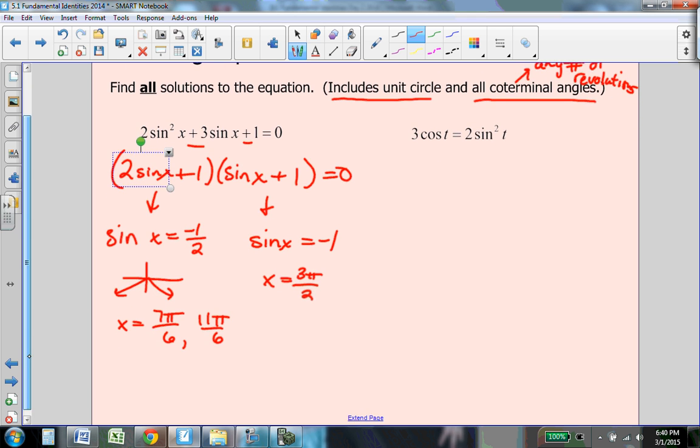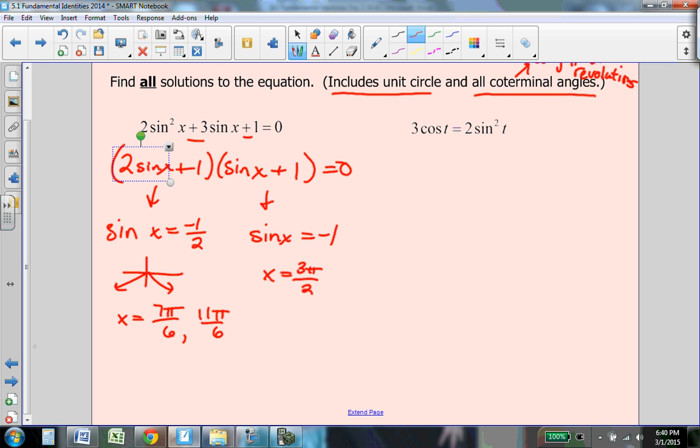Now, to satisfy this, to include all coterminal angles, we are going to say that it equals, for instance, 7 pi over 6, plus 2k pi. When you recognize the 2 pi, that's an entire rotation in radians. That's how we get coterminal angles. And now we will further clarify by saying that k is a member of the set of integers.